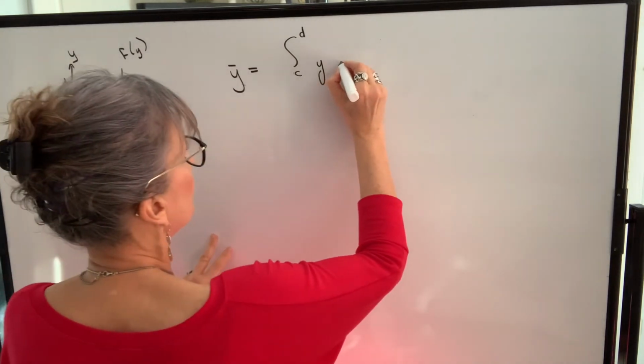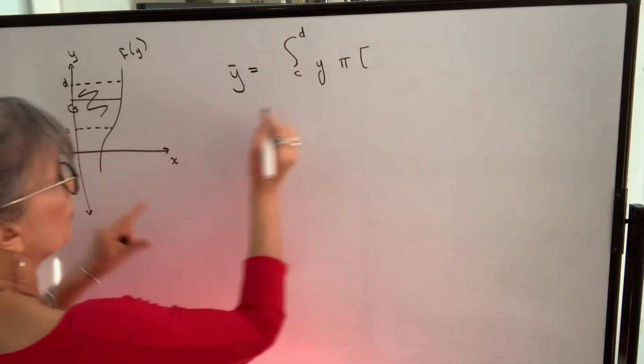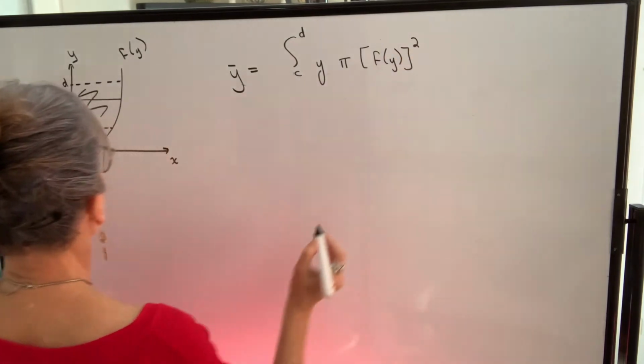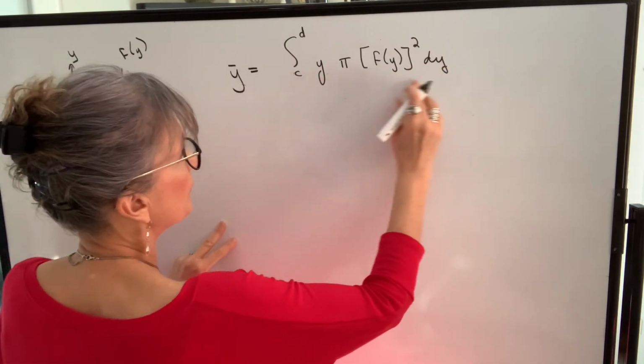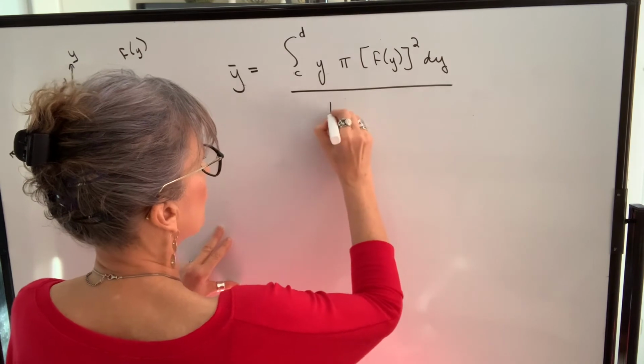So the volume will be pi times the radius squared, where the radius is f of y, times that thickness, which is dy. That is the sum of the first moments of that volume, and we divide that by the total volume.